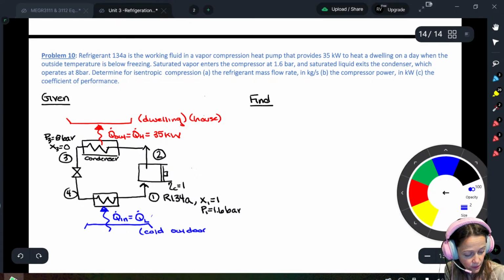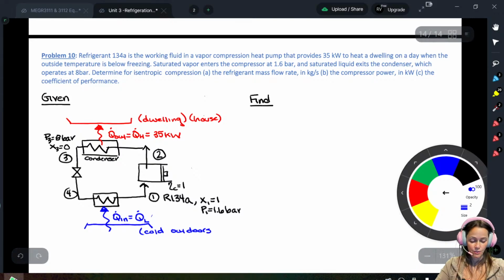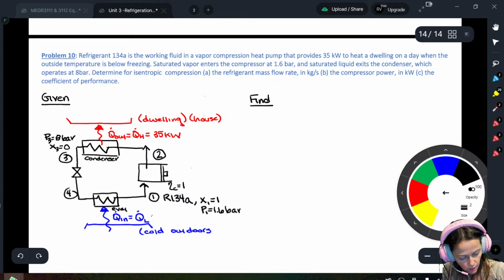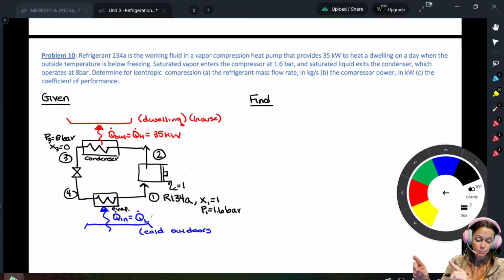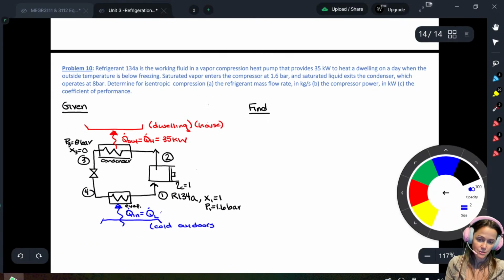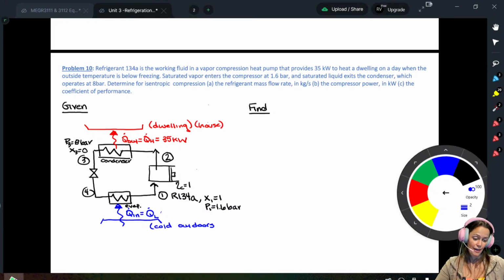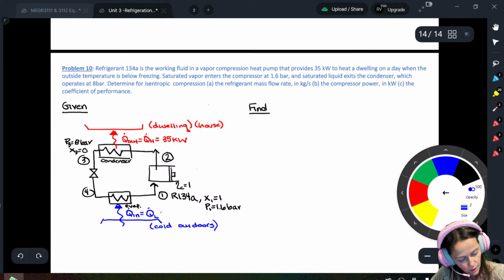The way that's happening is that your refrigerant circulating in that loop, when it passes through the evaporator coils, is already cooled down in the condenser, and then it's cooled down even more as it's gone through the throttling process. Pressure goes down, temperature goes down. So now it's really cold. The outdoors is now at a higher temperature than the refrigerant, so heat is going to flow from what's hotter, the cold outdoors, into what's colder, the refrigerant. Gotcha. You're welcome.